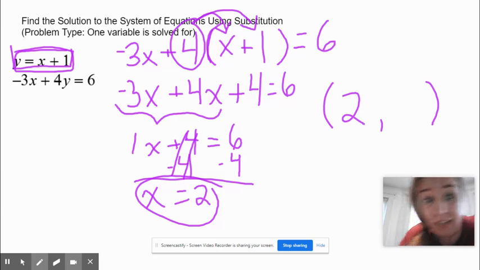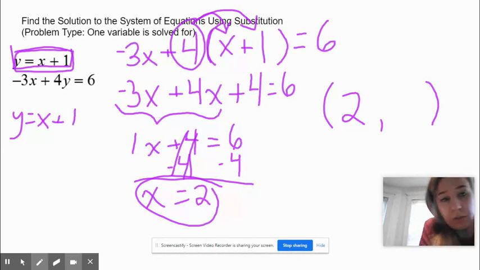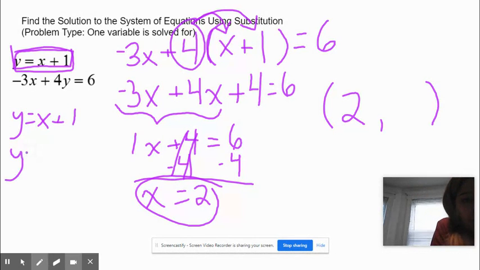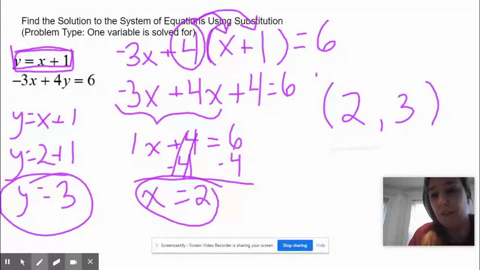Well, we know y is equal to x plus 1. We're going to sub in the 2 for the x, which makes y 3. So since y is 3, that would be our final answer.